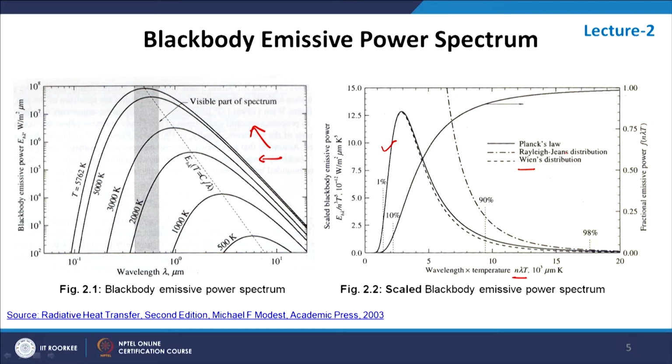Although Wien's law is in pretty good agreement, the Rayleigh-Jeans spectrum is significantly in error as compared to the actual Max Planck spectrum. So, we will use the Max Planck black body emissive power for solving our calculations.